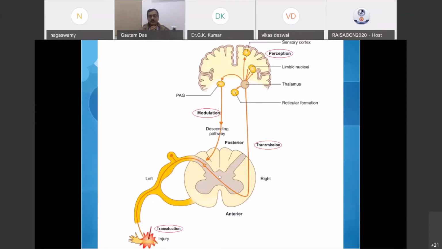One is nitric oxide, second is glutamate, third is substance P, fourth is CGRP, calcitonin gene related polypeptide. Remember these four important excitatory neurotransmitters. And for inhibitory neurotransmitters, remember two, GABA and glycine.